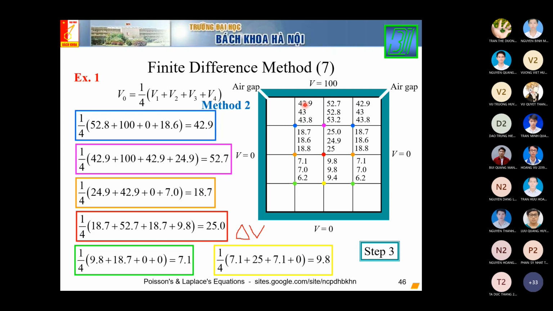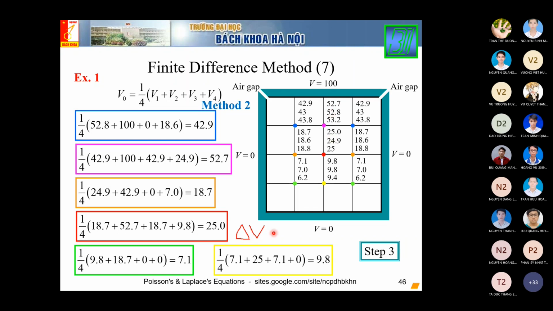So for this node, it will be 0.1. For this, it will be 0.1, 0.1, 0.1, 0.1, 0.1, 0.1, 0.0, and 0.1. So we take the maximum value of the absolute value. So delta V between the third step and the second step is 0.1. Okay.